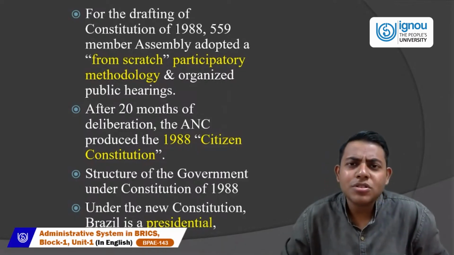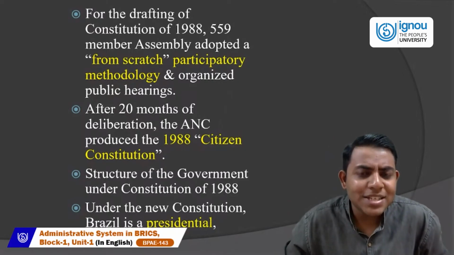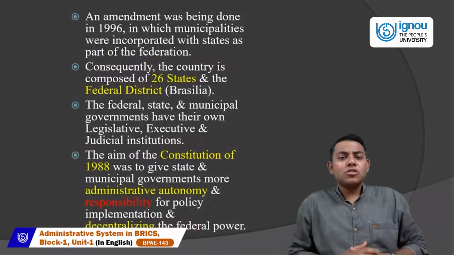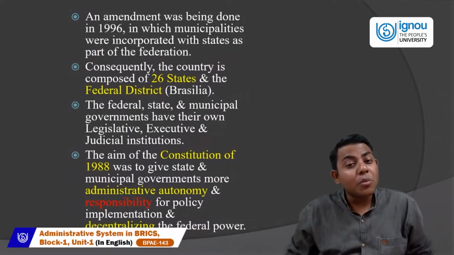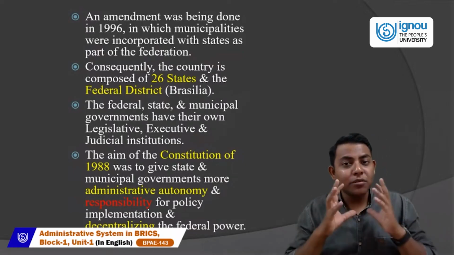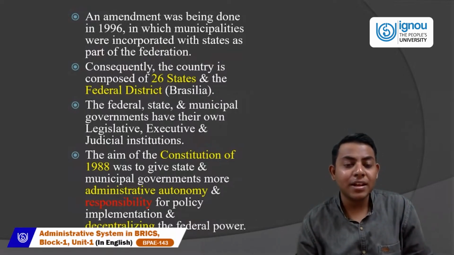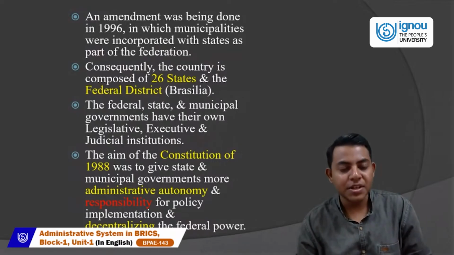Under this new constitution of 1988, Brazil became a presidential federal republic, and an amendment was also made in 1996 in which the municipalities were incorporated within states as part of the federation. Consequently, Brazil is now composed of 26 states as well as a federal district of Brasilia, which is the capital of Brazil.